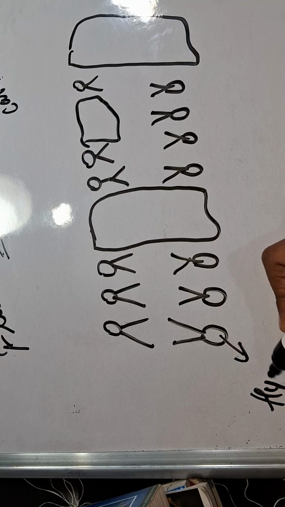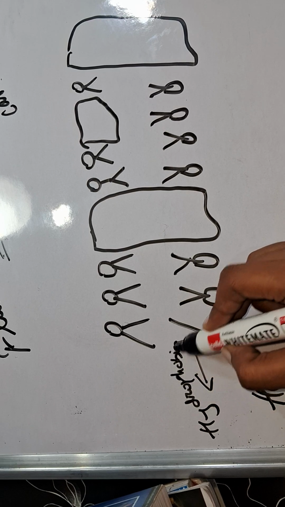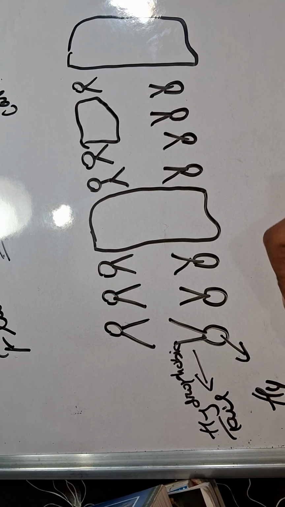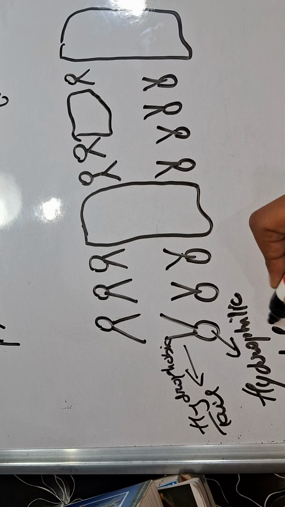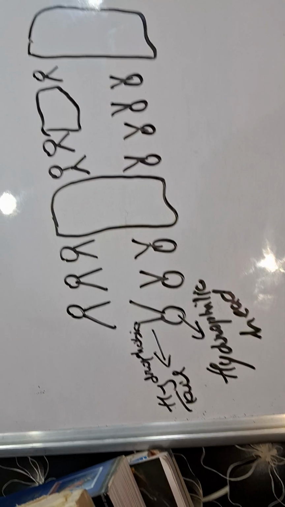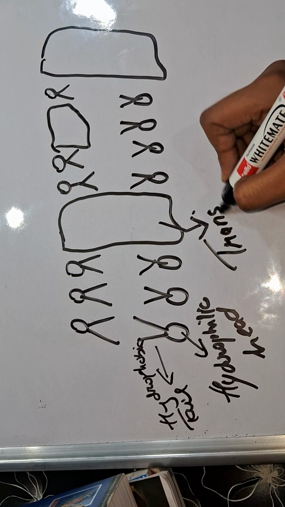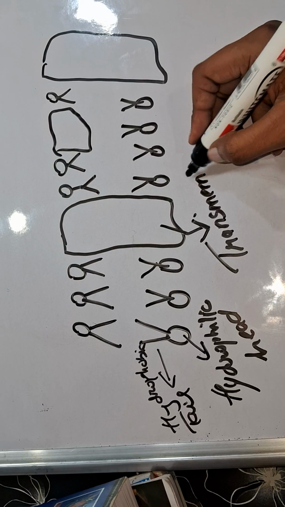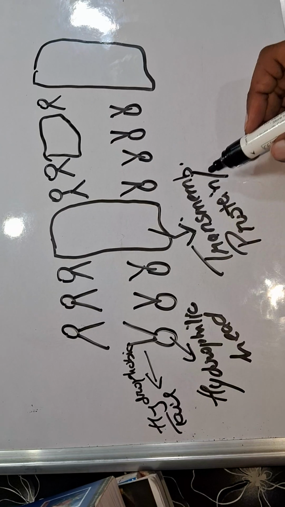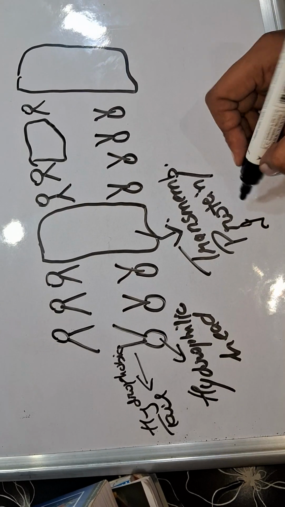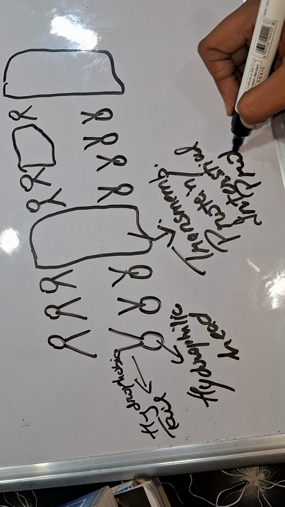Hydrophobic tail and hydrophilic head. Okay, these are the proteins known as transmembrane protein or the interstitial protein.